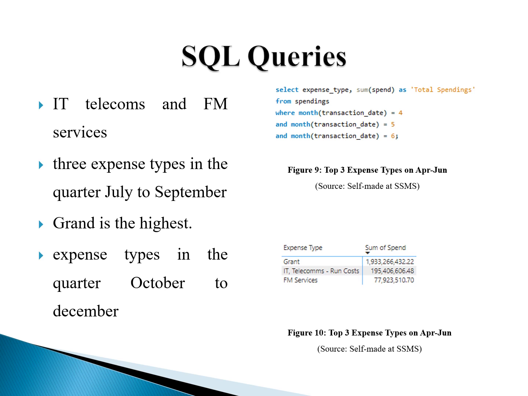Here we can see that grant is the highest one, and there are IT telecommunication and run cost, and FM service is also there. For the SQL queries, we have put the months April to June: for April we have put 4, for May 5, and for June the month is 6.